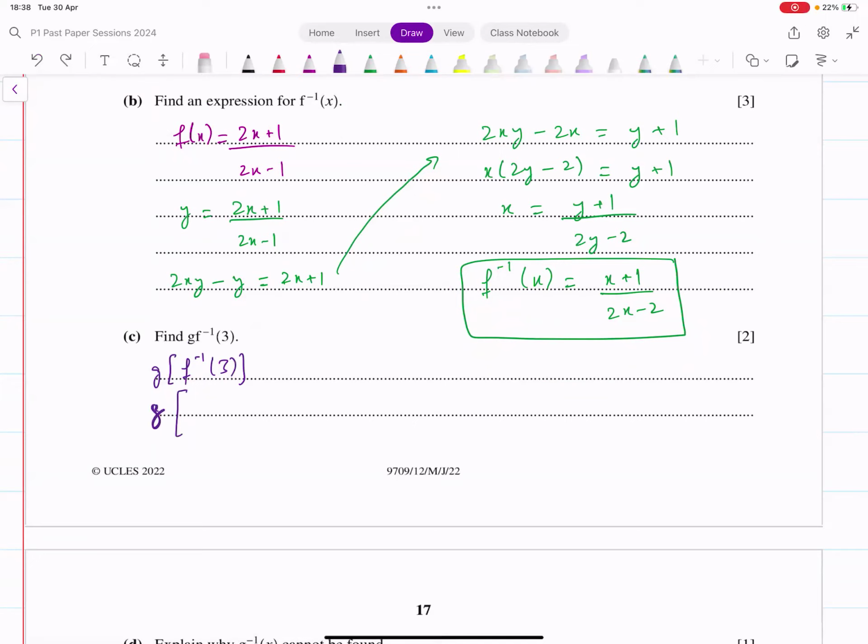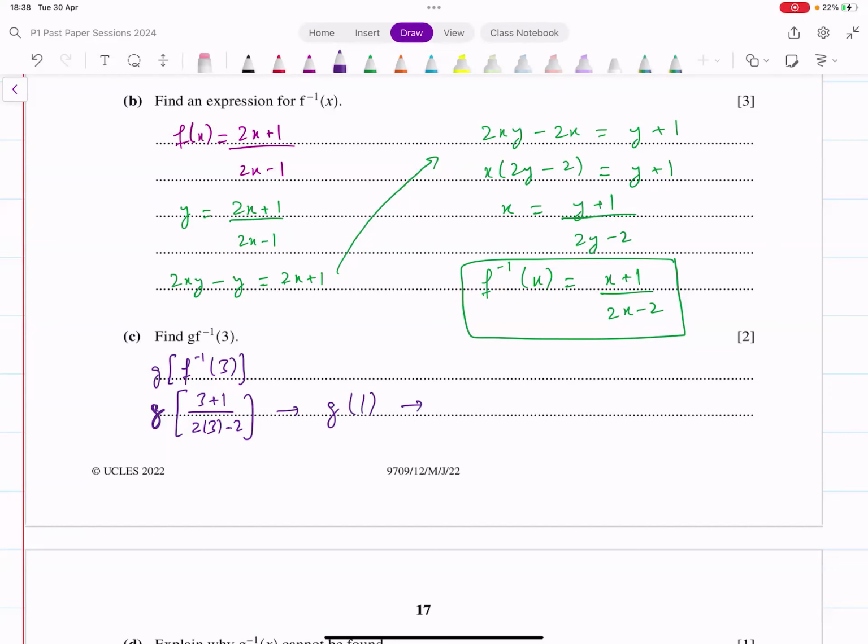What's that? That's 3 plus 1 divided by 2 into 3 minus 2. Now let's simplify that. 4 divided by 6 minus 2, and that just gives me 1. So you have g of 1.